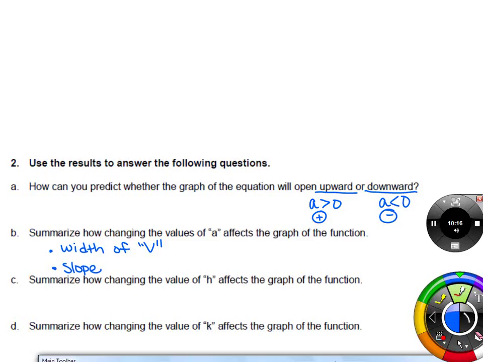Okay, so it's moving your graph up and down, and it's affecting the y coordinate of the vertex. So this is going to shift up and down, depending on whether k is positive or negative. And it also gives you the y coordinate of your vertex.